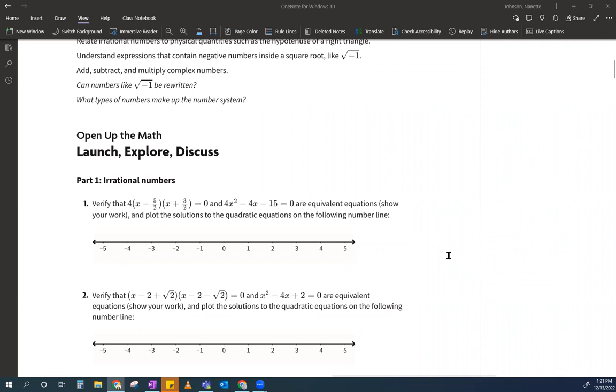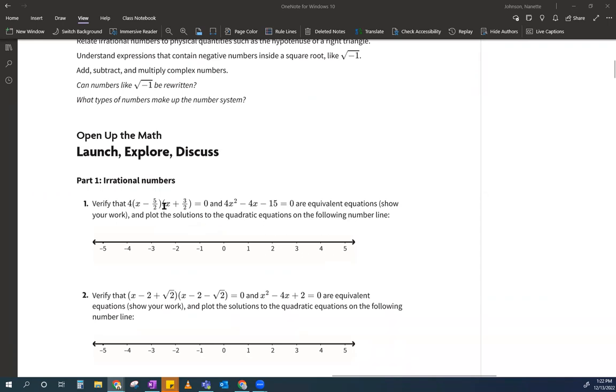When I added these all together and distributed this 4 all the way through, what should I get? Yeah, the same thing. I should get this and this. Now, I'm not going to do that because we already proved it using our graphs, but I'm just talking you through that.